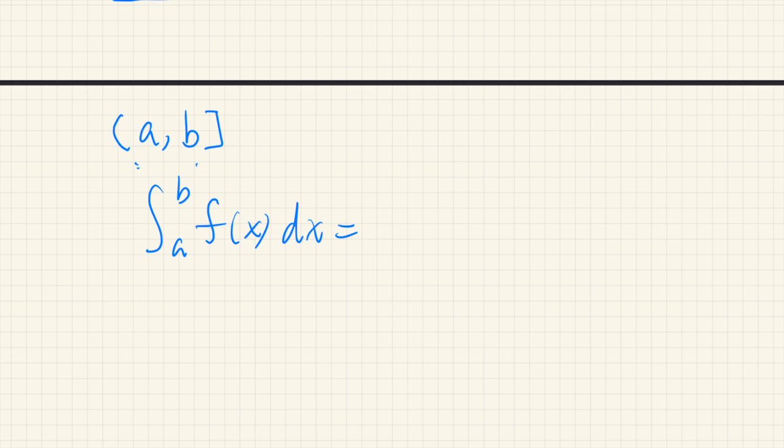And of course, we can define an integral on other types of semi-open intervals, such as this, not including a, but including b. Of course, this is defined as this. Let's see, a to b, so this integral is defined as this limit, t going to a from the right, of the integral from t to b of f of x dx.